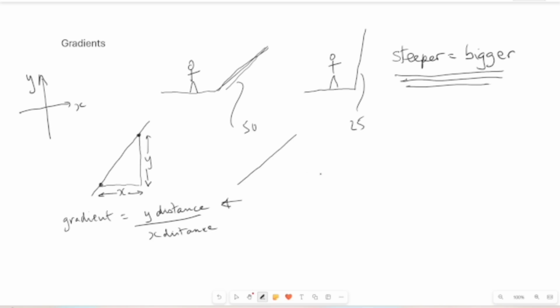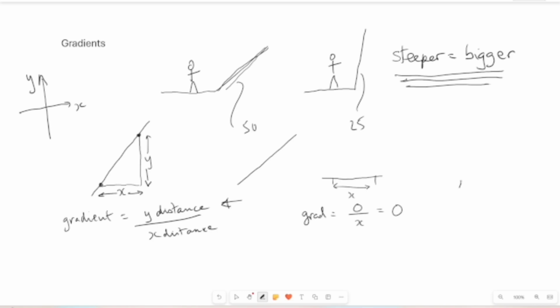And if it's flat, for example, our x direction is whatever that is, so the gradient, just write grad, equals our y distance over our x distance. The y distance is 0. 0 divided by x is still 0, so that gives us a 0 gradient.